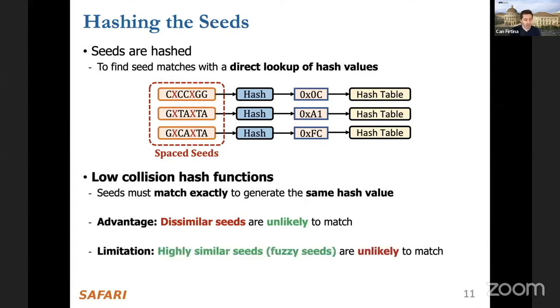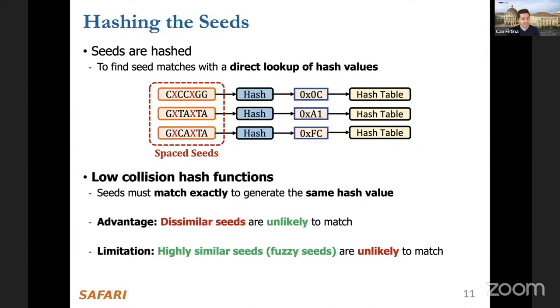But there is also one particular limitation of using low collision hash functions: highly similar seeds, which we call fuzzy seeds in this work, are also unlikely to match. Our main goal when mapping reads to a reference genome or to each other is to figure out where these reads may be coming from, or where their origins may be in the corresponding genome.